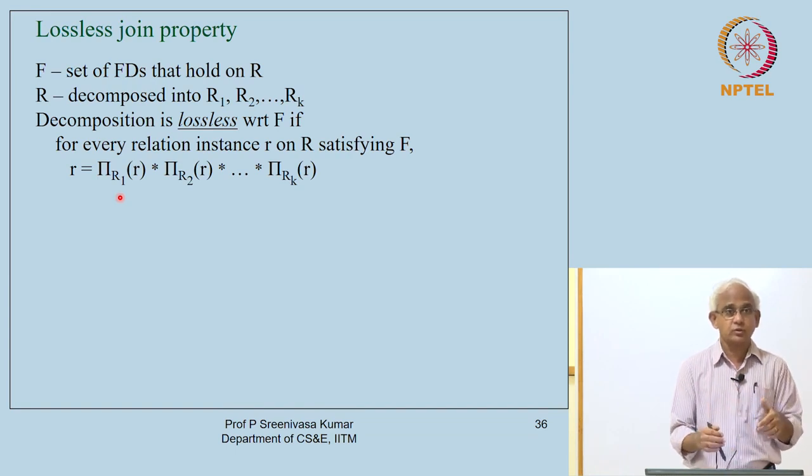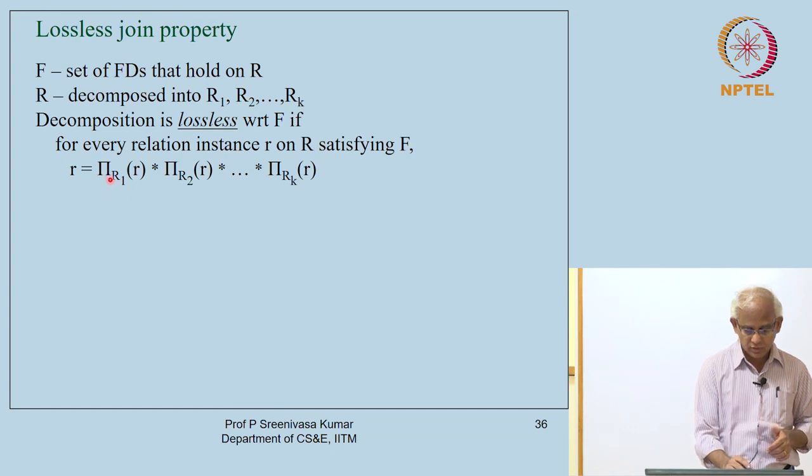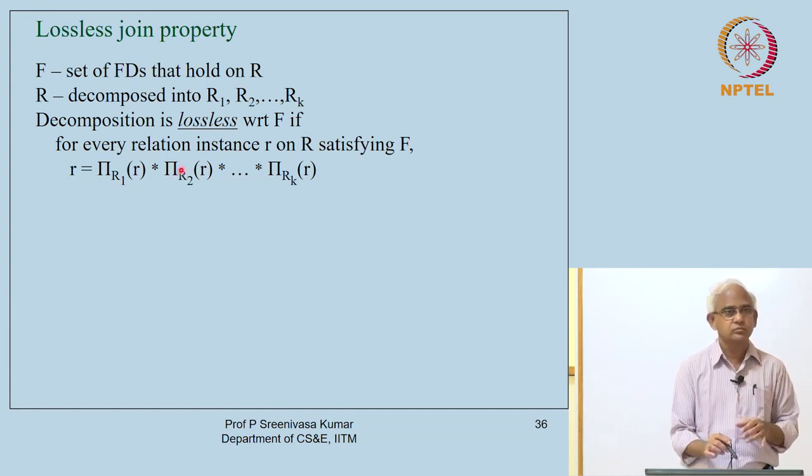Suppose you do a join on little r1, little r2, because these two tuples exist in those individual relations, you will get back your original tuple, because these two things join, because they had the same common value anyway.